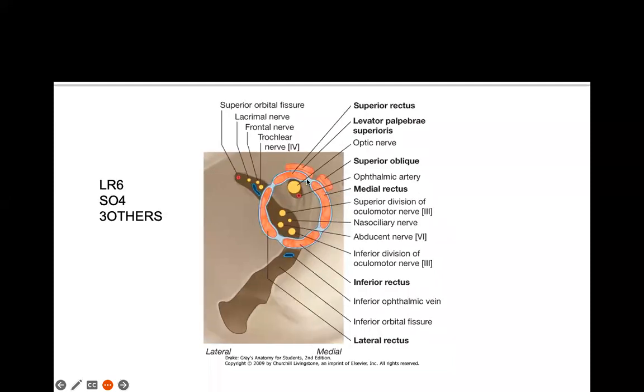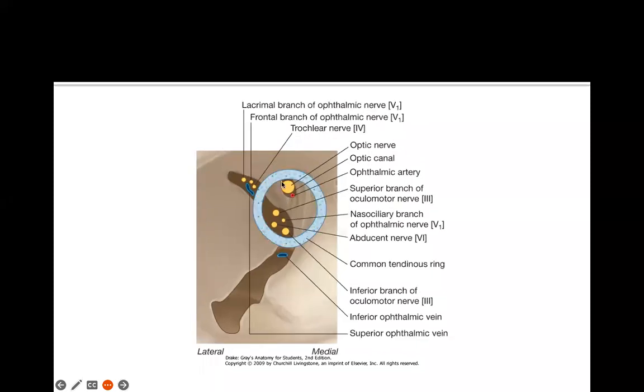You see these tendons that are actually holding the muscles and connecting them into a circular form. So that is what we are now using. And we are saying that that forms what we call a common tendinous ring. It actually looks like a ring. See? A ring that can fit somebody's finger. So that is the tendinous ring.